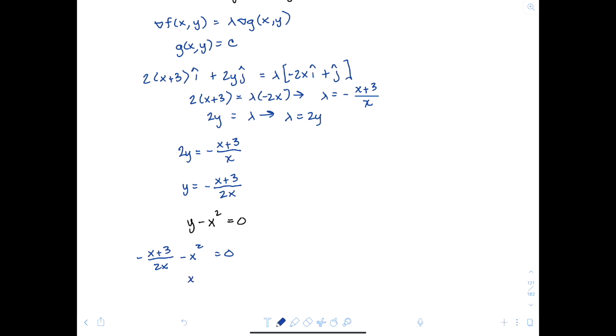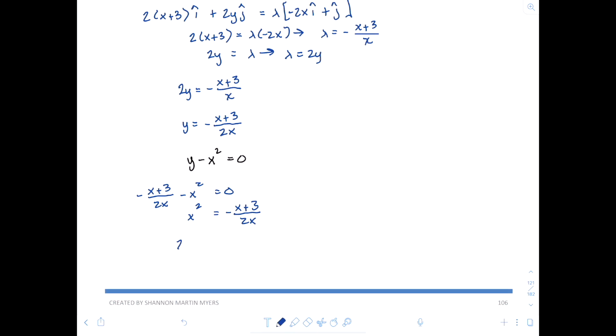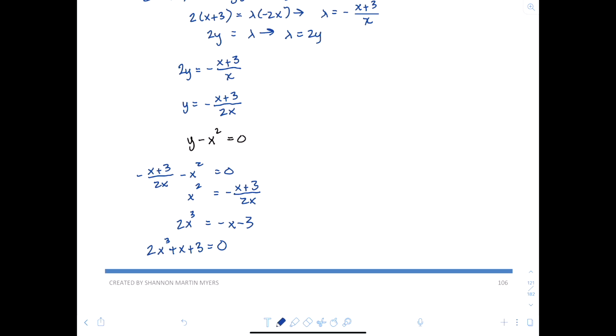And that will give us x squared is negative x plus 3 over 2x, then we'd have 2x cubed is negative x minus 3, and that would give us 2x cubed plus x plus 3 is 0. And then I just solved this using technology. It turns out that you get a result of x equal to negative 1.